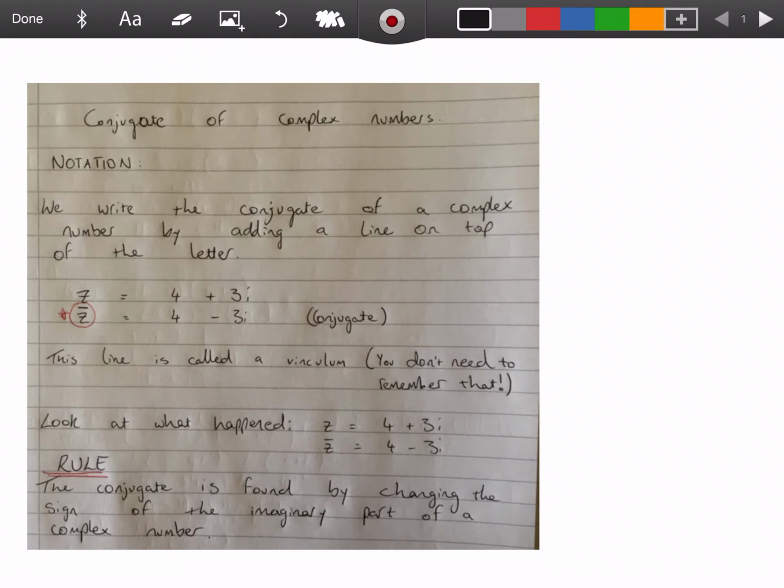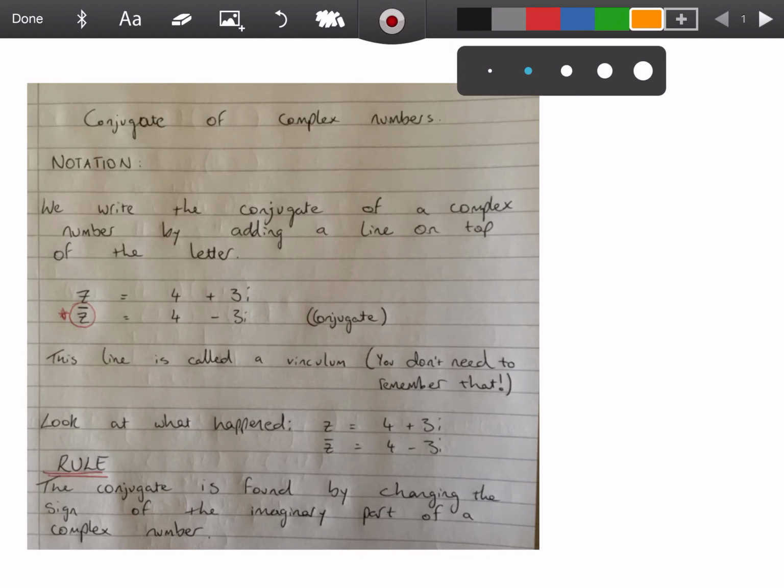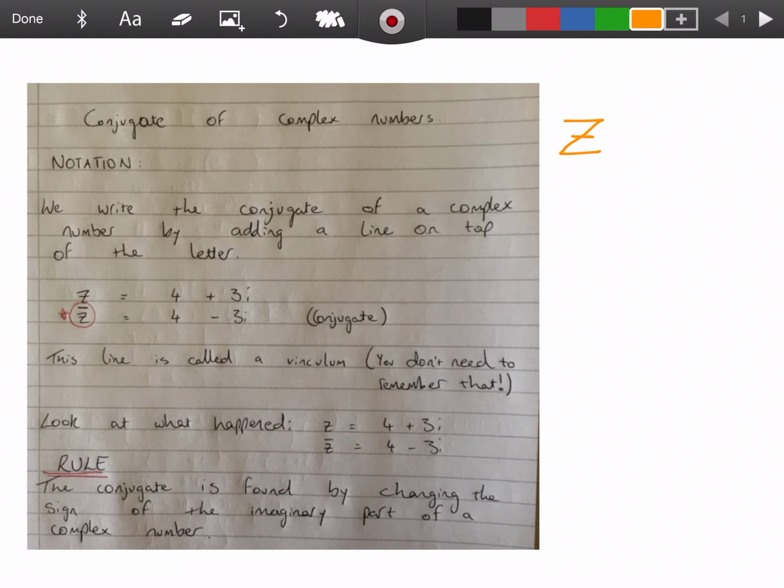So the conjugate of complex numbers, nice and straightforward to start off with. We use notation. You're used to us using the letter Z for complex numbers, and sometimes they have a letter or a number beside them, like Z1 or Z4 or whatever else.